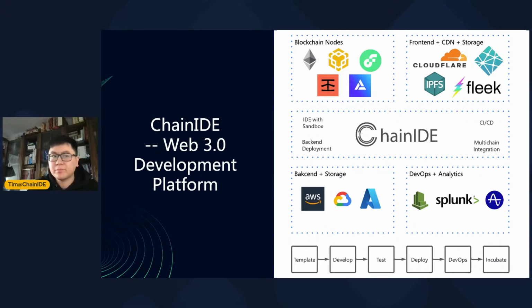At the bottom is the development flow of ChainIDE, which goes from templating to development, testing, deploy, DevOps, and then incubate and launch. We hope that for each step in this flow, we only need a few clicks or writing a few lines of code. That's our goal. So make Web3 development super easy for everyone.